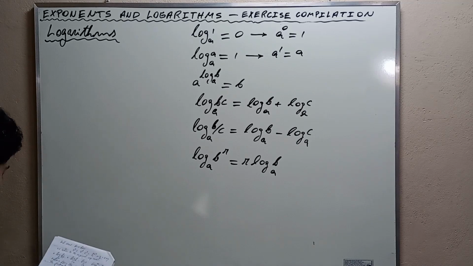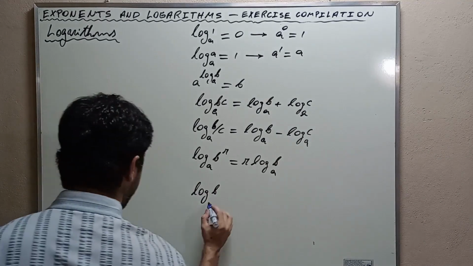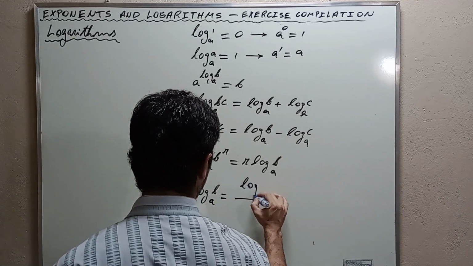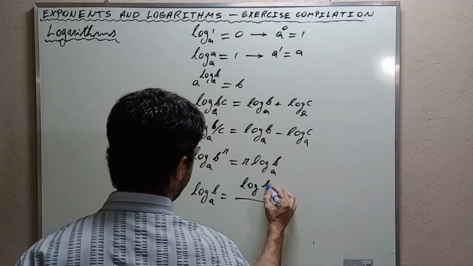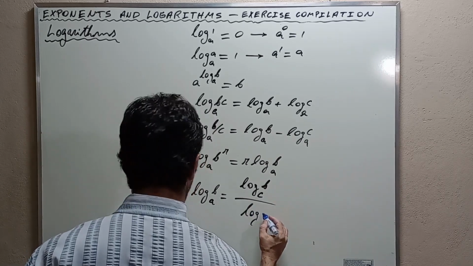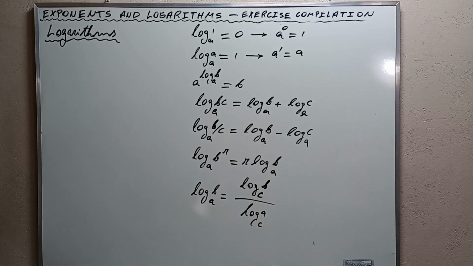The change of base is this, the logarithm of b base a is equal to the logarithm b base c divided by the logarithm a base c. Okay? These properties, if you prefer, these identities will help us a lot understand and solve the exercises. Let's go to the exercises.